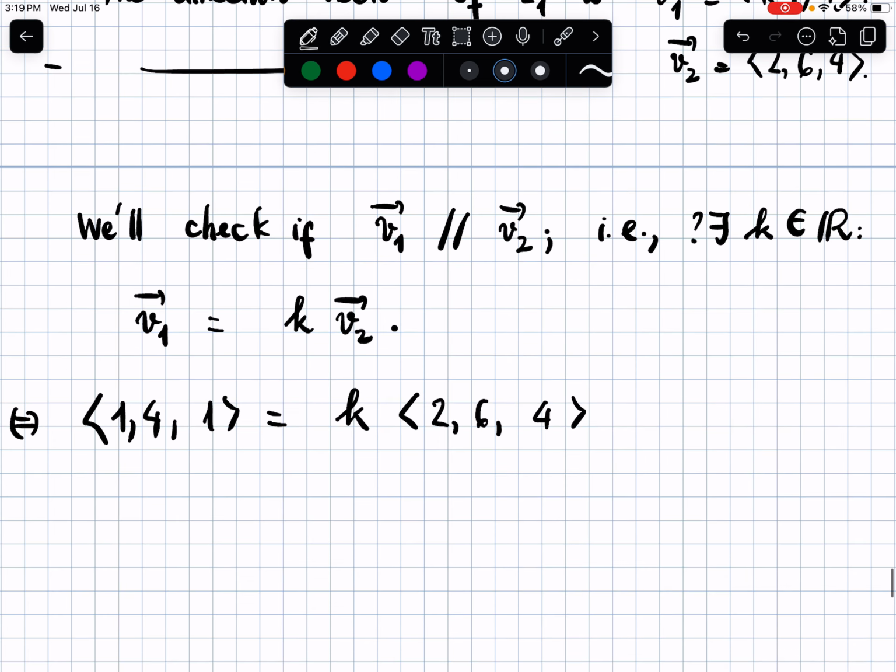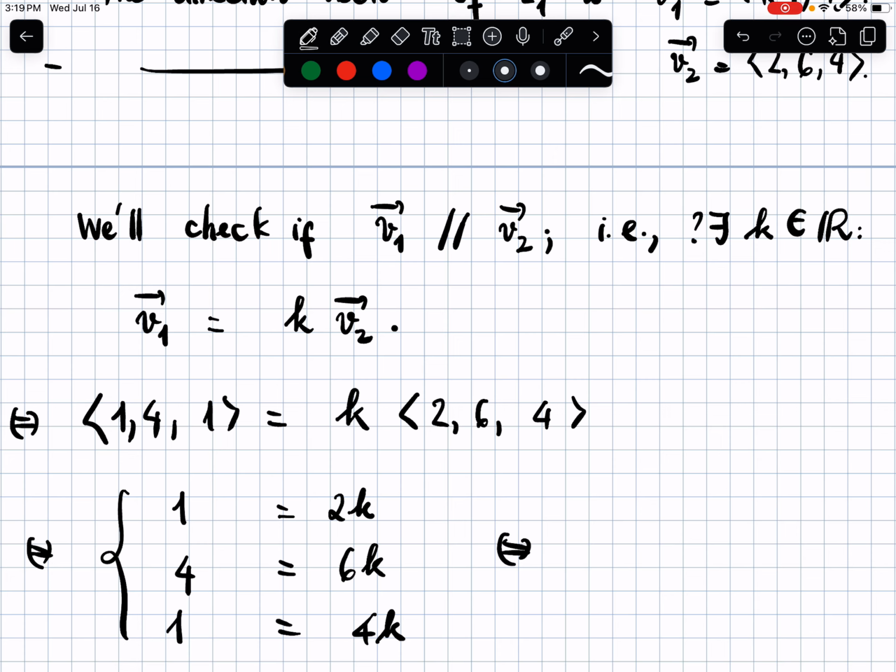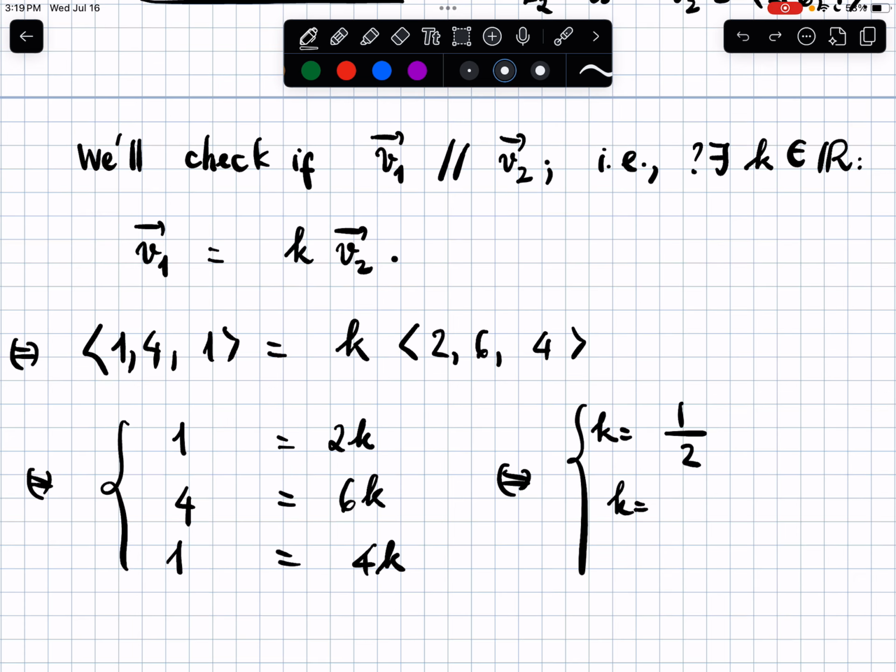This gives us 1 equal to 2k, 4 equal to 6k, 1 equal to 4k. The first equation gives us k equal to 1 divided by 2. The second equation, 4 divided by 6. The third one, 1 divided by 4.